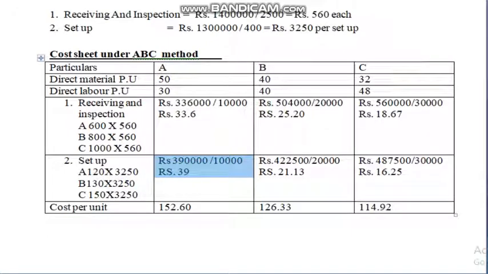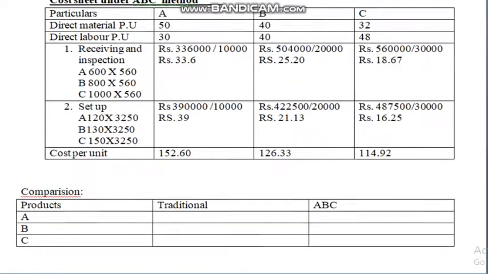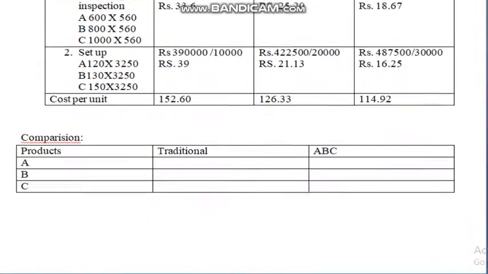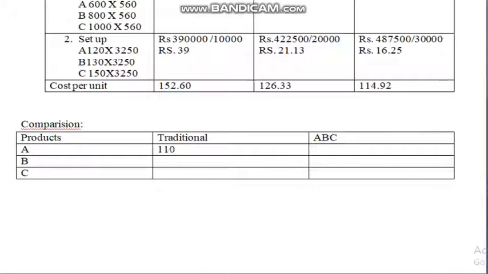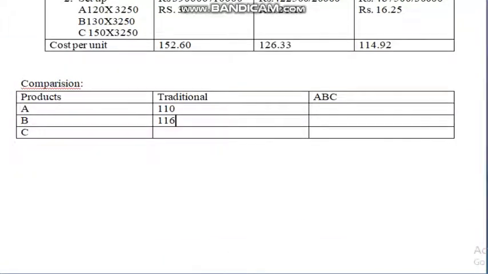Now compare this traditional method and the activity based method of costing and give your comments. So the next one, comparison between traditional and ABC method. In traditional costing, the cost per unit for product A is 110, for product B 116, and for product C 131.